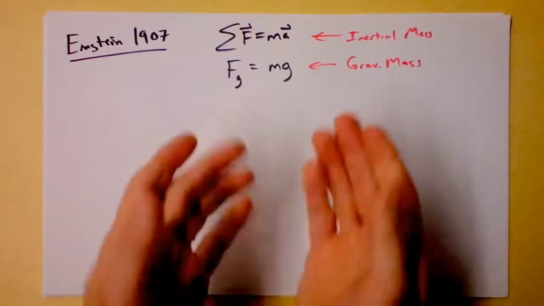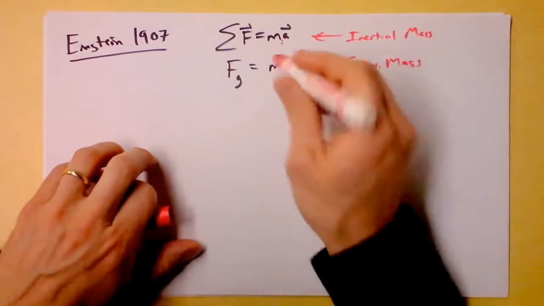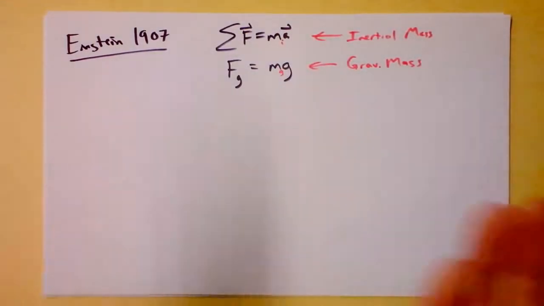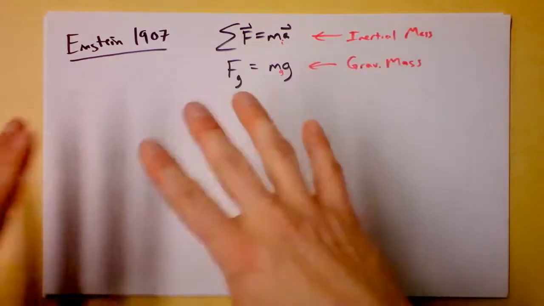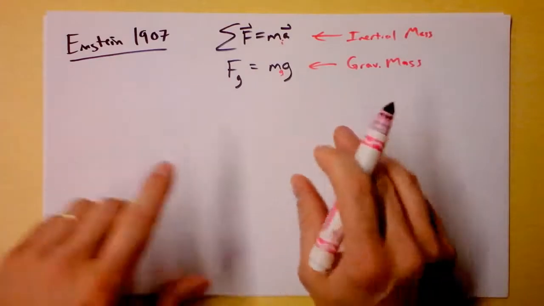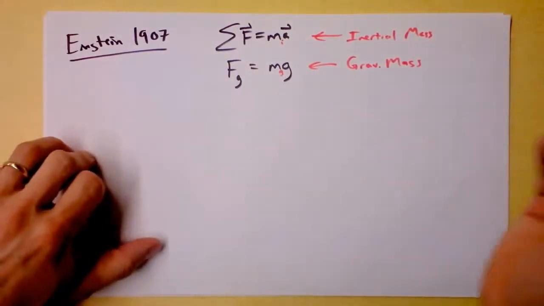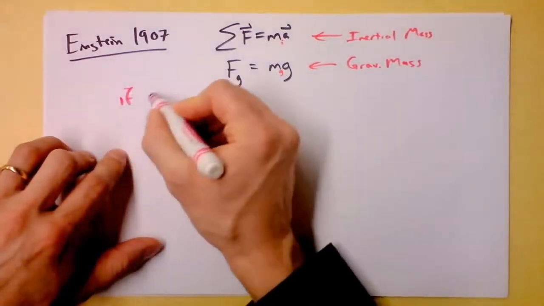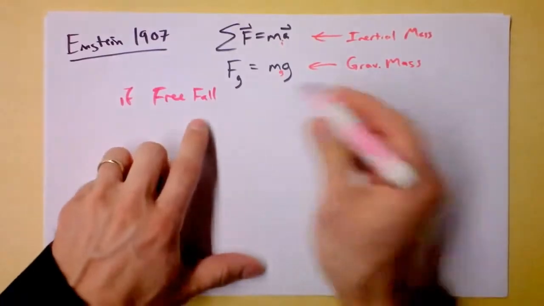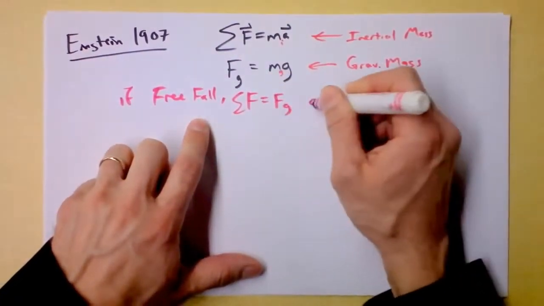These equations are different, and there's no reason they should both be m, but I could call this m sub I, and this is m sub g. They don't actually do that, because there's no point, because they are exactly the same. So this tests an aspect of the equivalence principle, and that aspect is, if these two are the same, then we can get this really cool conclusion: if something's in free fall, the only force acting on it is gravity, so the net force is the force of gravity.